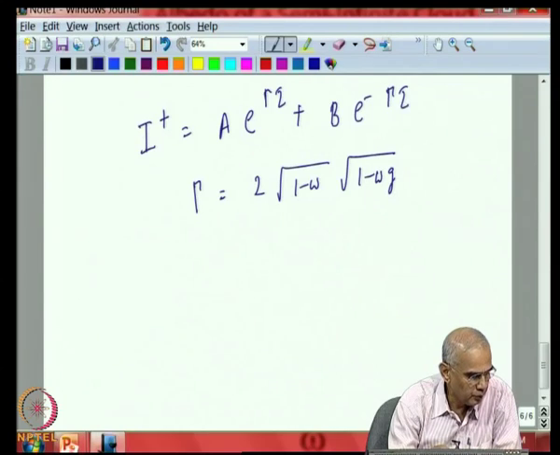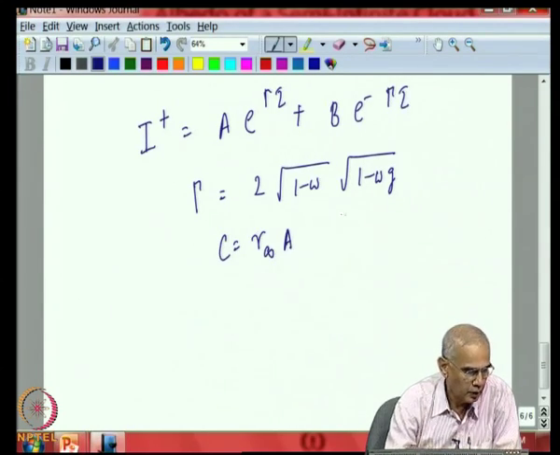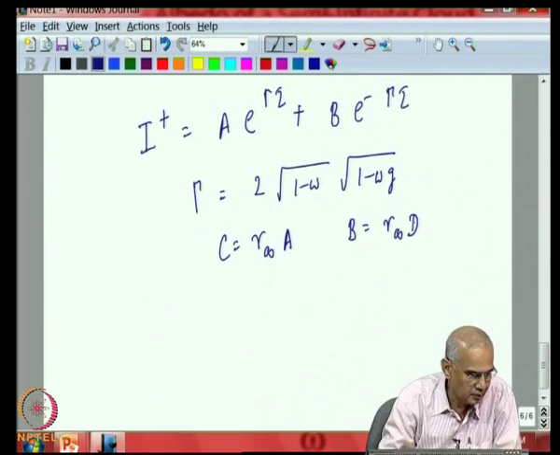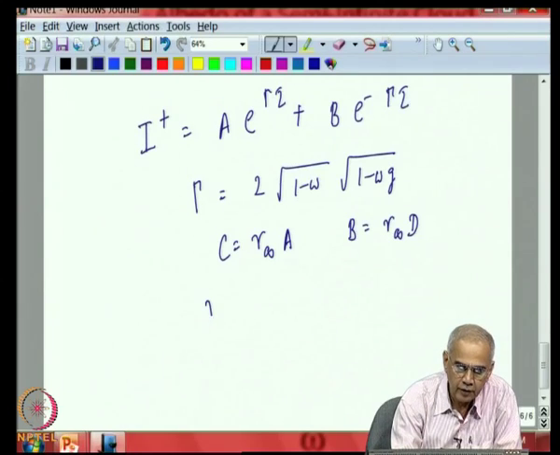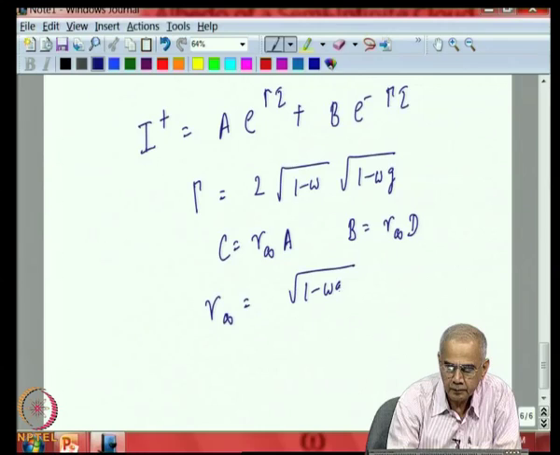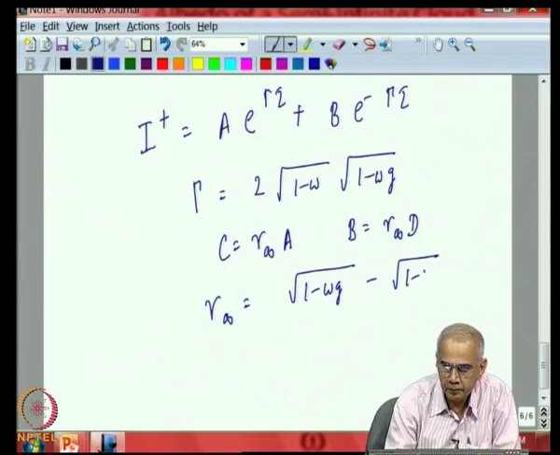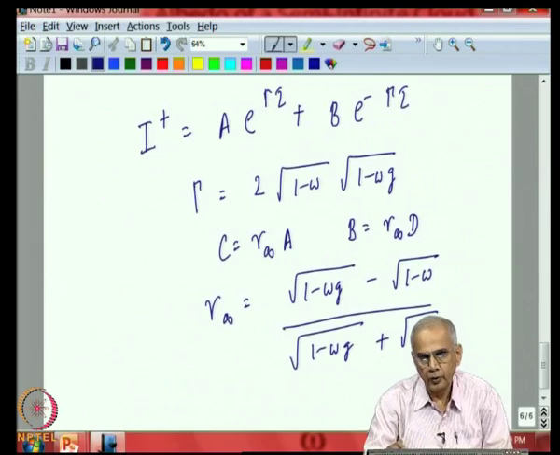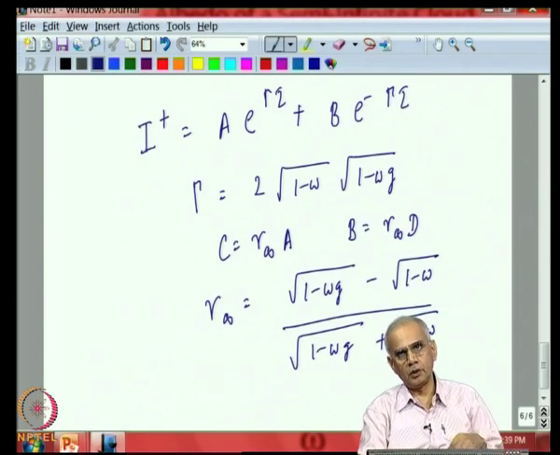Then, as before, we relate C to A and B to D. So, those are essentially quite common, and where R infinity now will be, again I want you to notice the difference between the previous derivation, which involved symmetric scattering, to here which is asymmetric scattering.